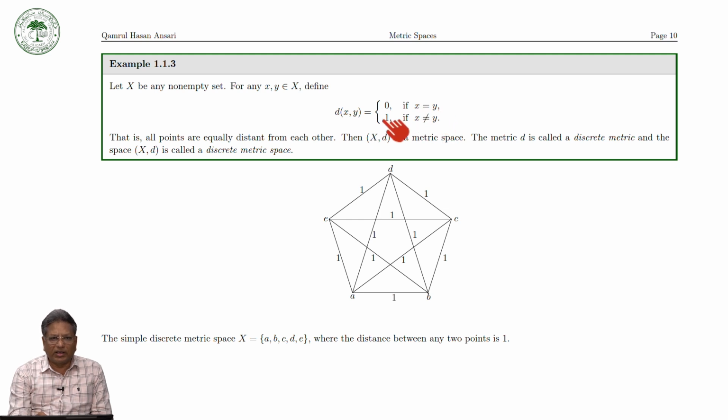So in other words, what is the meaning of this? The meaning is that all points are equidistant from each other.